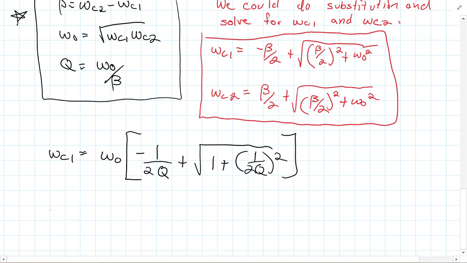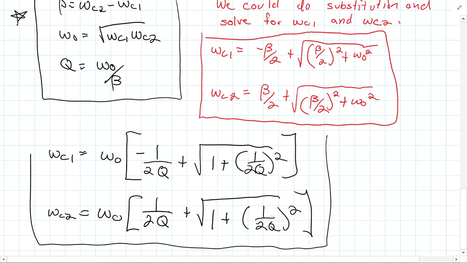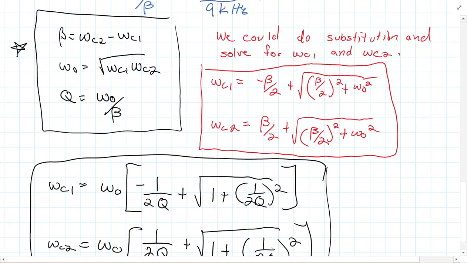And you can get the similar equation for omega C2, which is omega 0 times 1 over 2Q plus the square root of 1 plus 1 over 2Q squared. Now, I didn't go through solving those, but that's literally just taking those original three equations that we have. And the reason that we have these two additional equations is now we have equations that are solved for beta, omega 0, Q, omega C1, and omega C2. So no matter what two parameters we're given, we can find all of the other parameters for a filter.